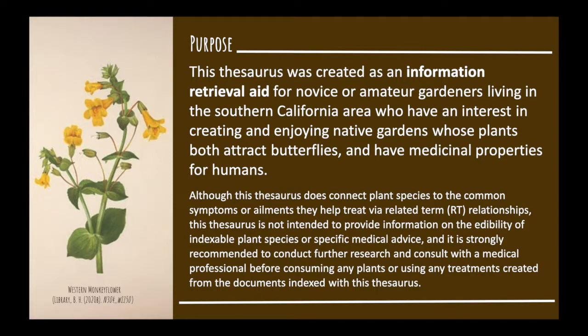Although our thesaurus does connect plant species to the common symptoms they help treat, this thesaurus is not intended to provide information on the edibility of the plant species or medical advice within it. We recommend that you conduct further research and consult with a medical professional before consuming any plants or using any treatments created from the documents that could be indexed with this thesaurus.